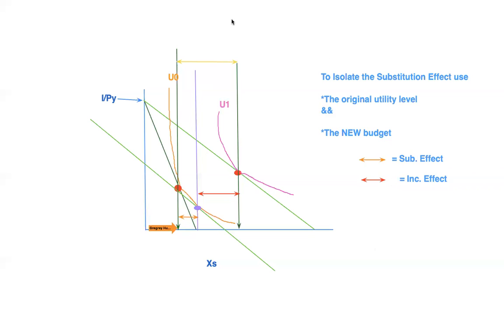Okay. And so notice that the orange distance plus the red distance equals the yellow distance, right? So the substitution effect and the income effect equal the total effect. And actually, I should be just a little bit more clear about one thing on this diagram, and that is that excess is right there.